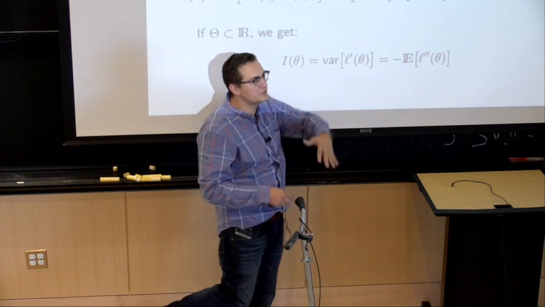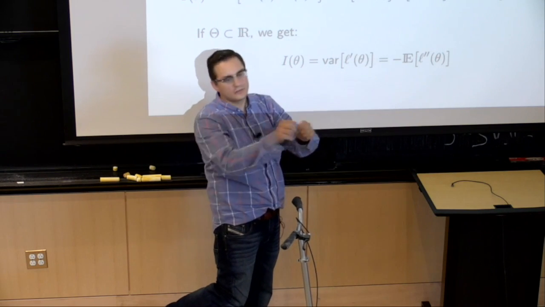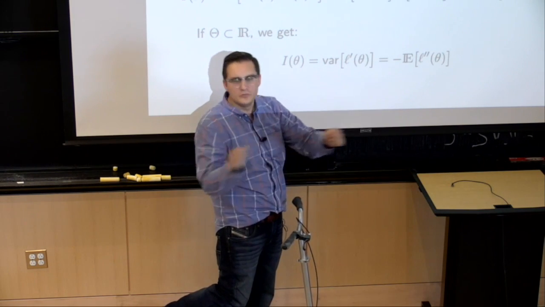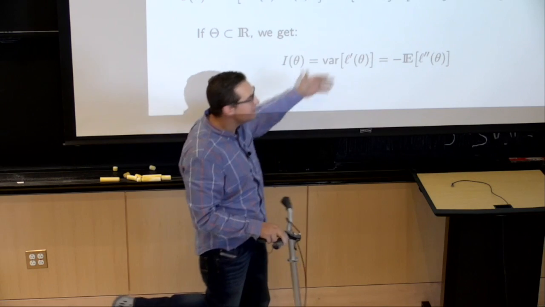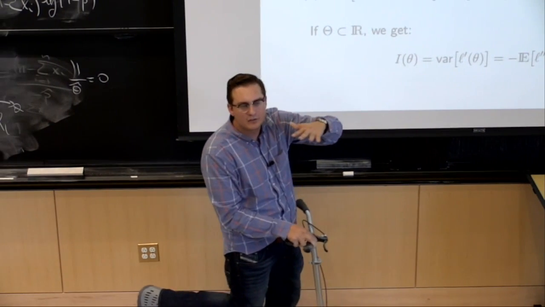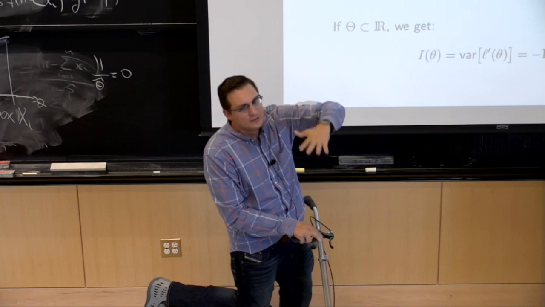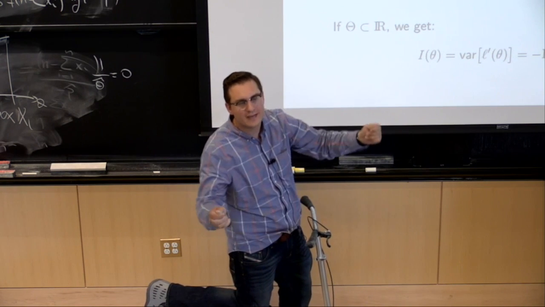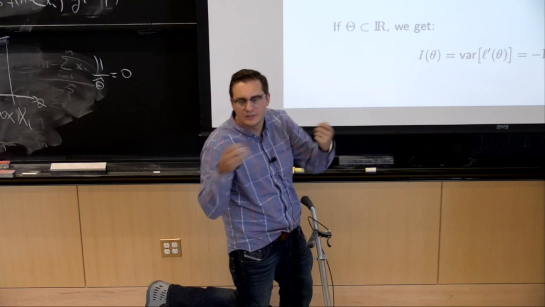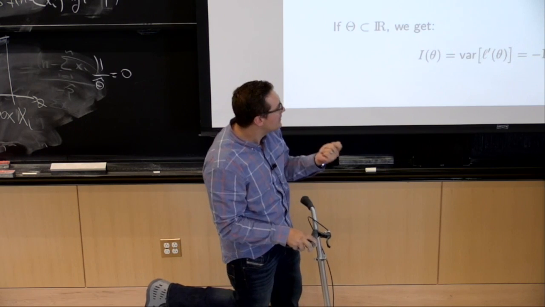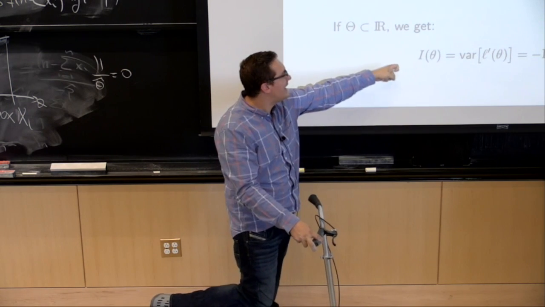And so the more the first derivative fluctuates, the more your argmax is going to move all over the place. So this is really controlling how flat your log likelihood is at its maximum. The flatter it is, the more sensitive to fluctuation the argmax is going to be; the curvier it is, the less sensitive it is.